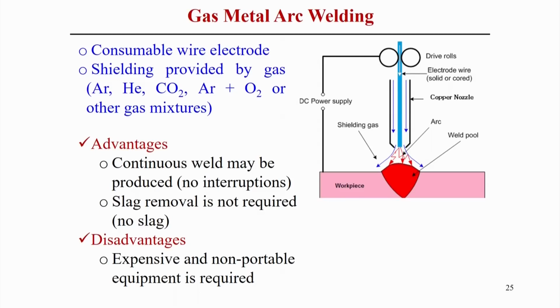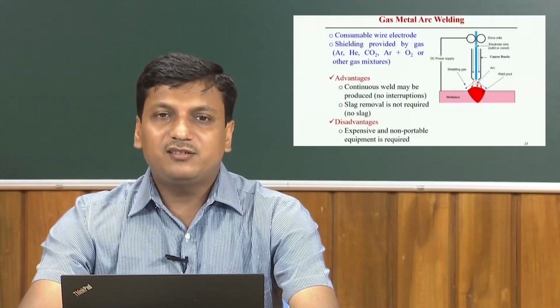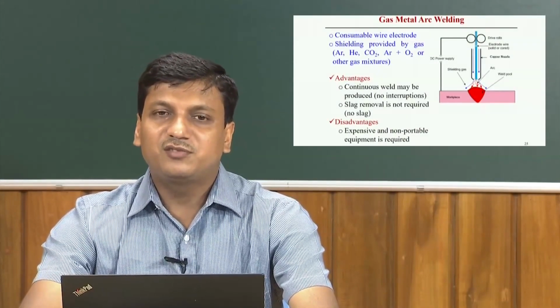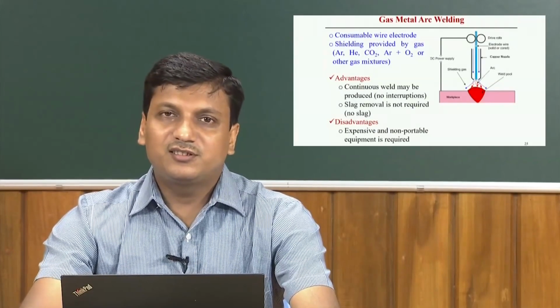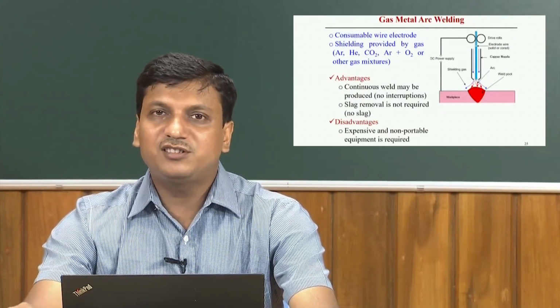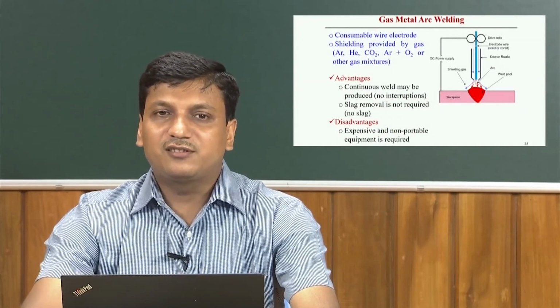So, if we very precisely look into the advantages of this process, we can find that it is a continuous welding process, with no interruption like the shielded metal arc welding process. Another advantage is that it is not necessary to remove the slag.